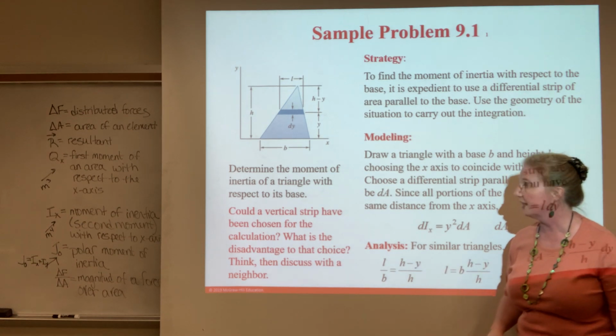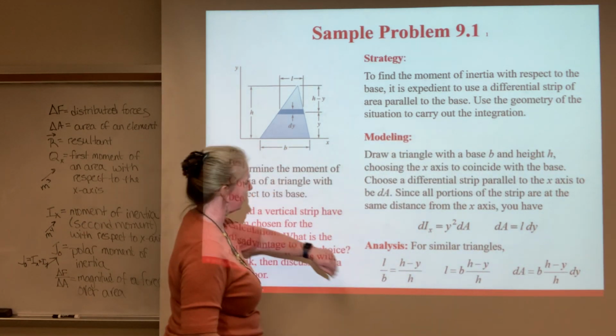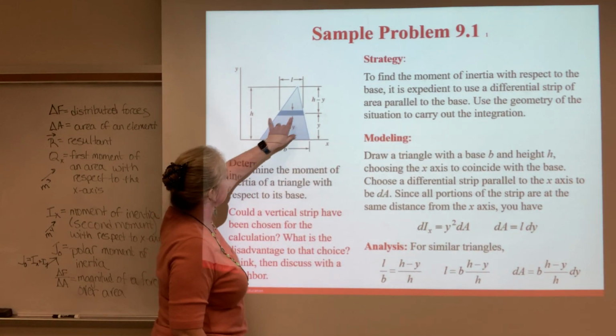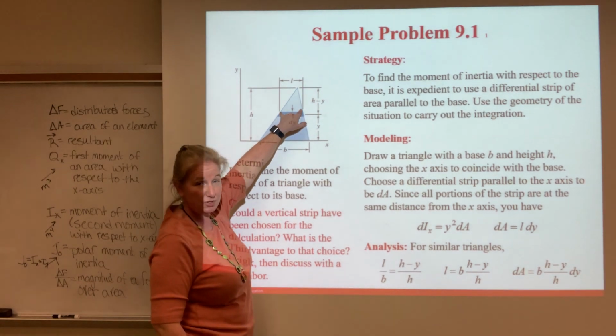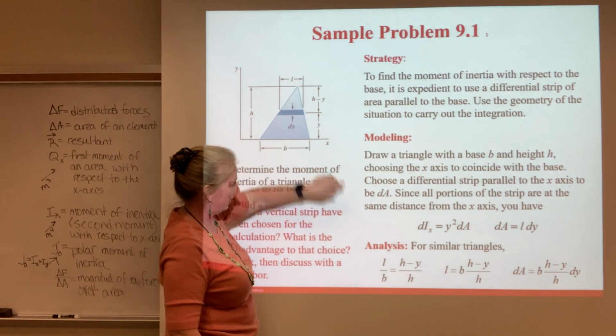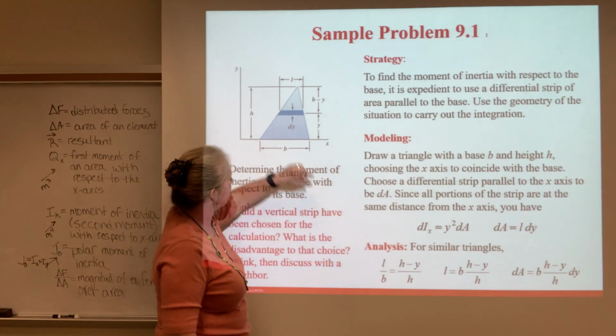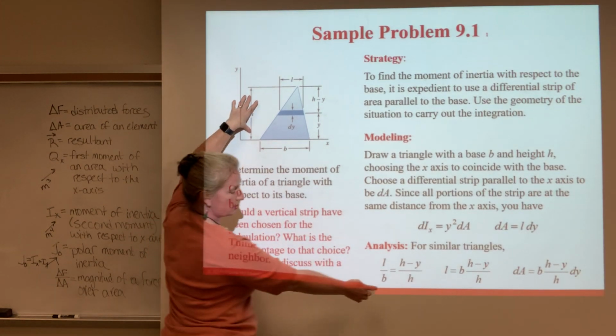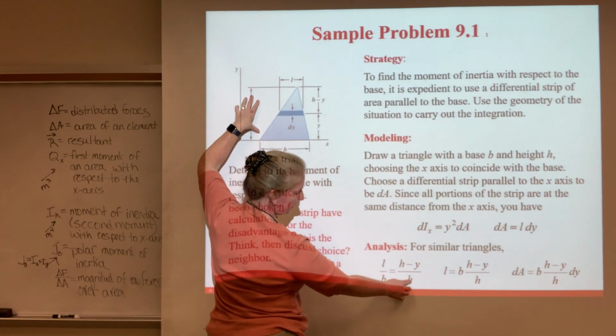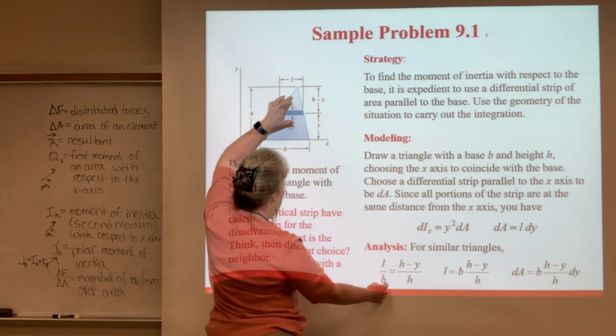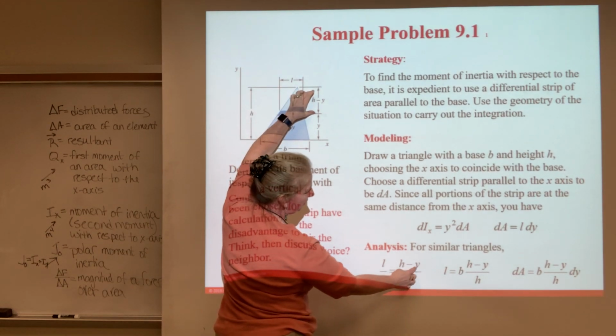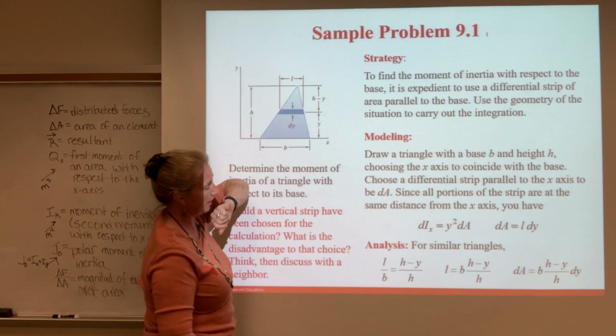So again, where do h minus y over h come from? Here's the base, and here's the length of the little triangle's base. They're calling that L. So that's that ratio. The height of the big triangle has to be in the same position as the base, and then the height of the little triangle, which is h minus y.